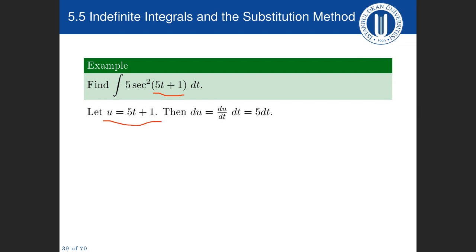It makes sense to choose that for u. Step 2, I can find that du is 5 dt. Do I have a 5 dt in my integral? Yes, there's a 5 here and there's a dt here. I can replace this 5 dt by du.